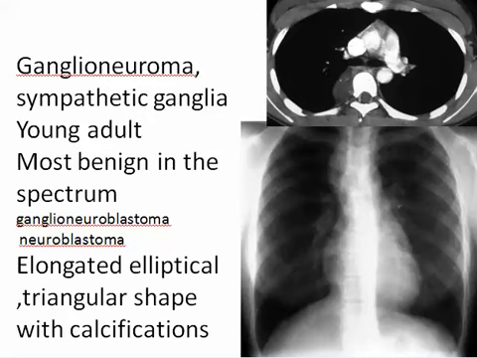Here the ganglioneuroma is the most benign in the spectrum, and it is seen as elongated, elliptical, triangular-shaped, sometimes with calcifications. Of course, in the CT there is some indentation and pressure change on the related vertebra, and there is an enhancing epidural margin bulging into the spinal canal.